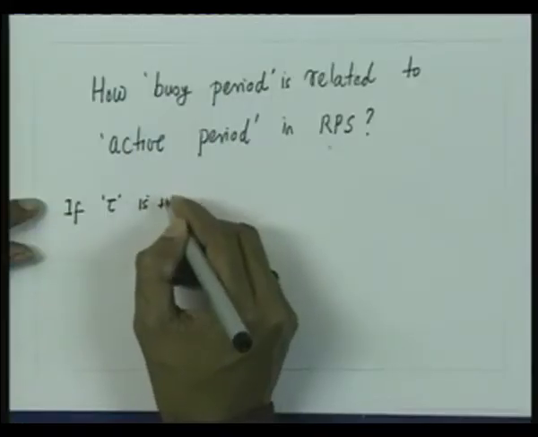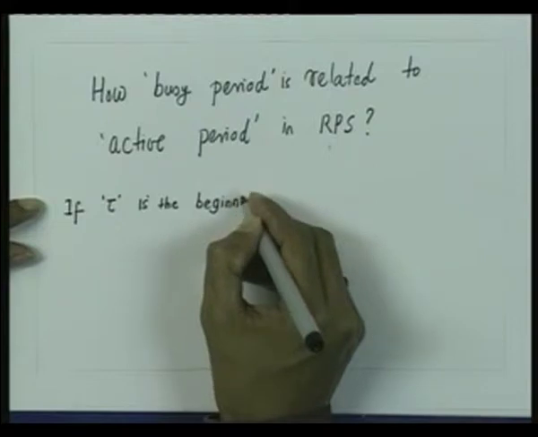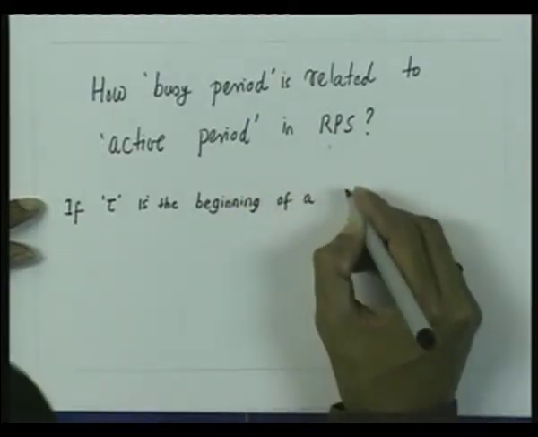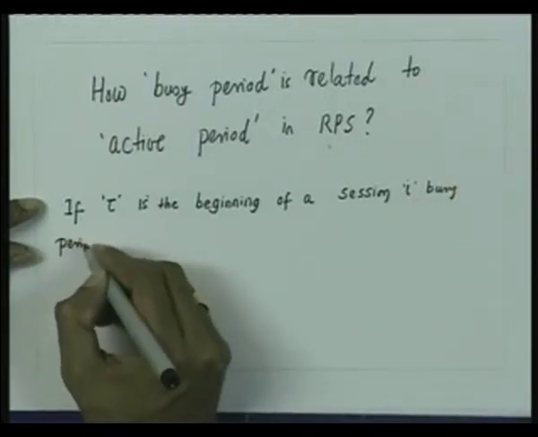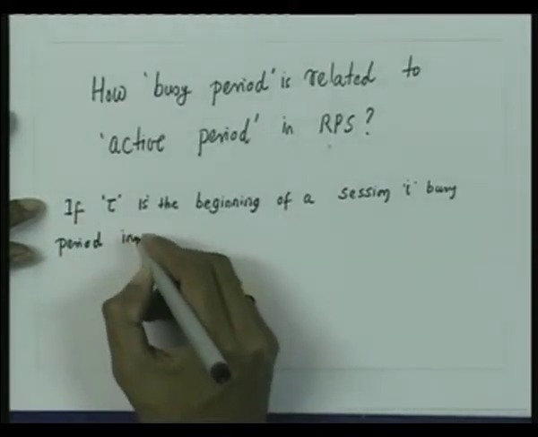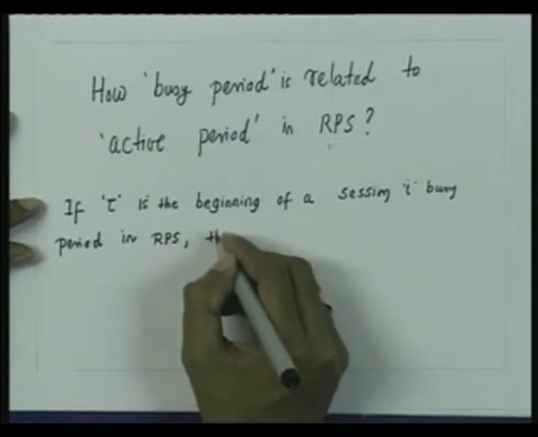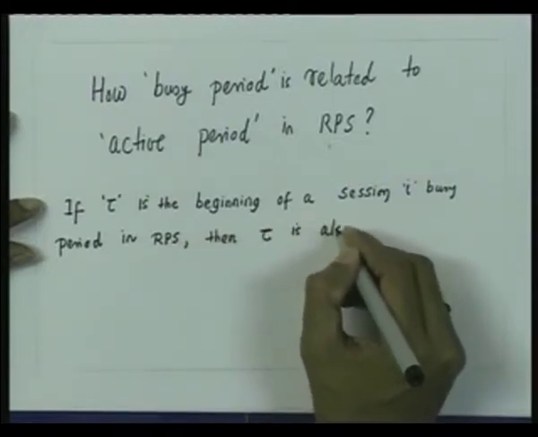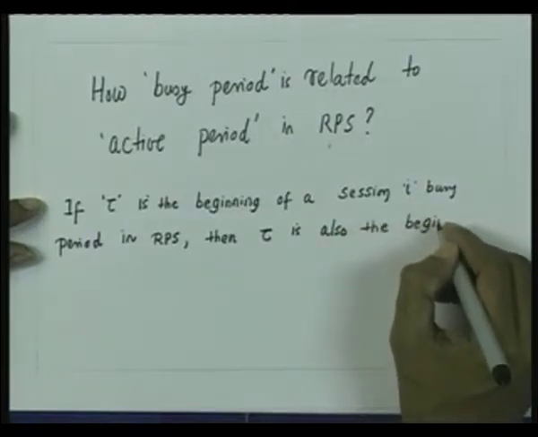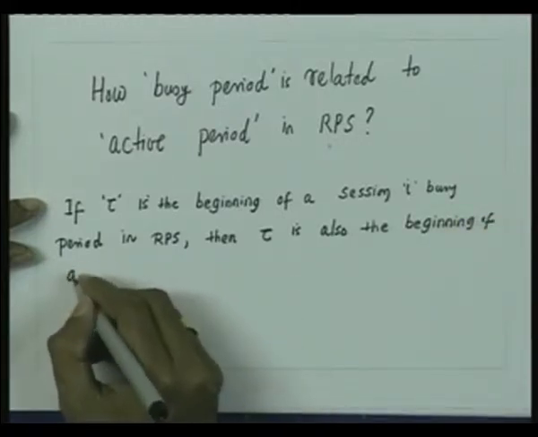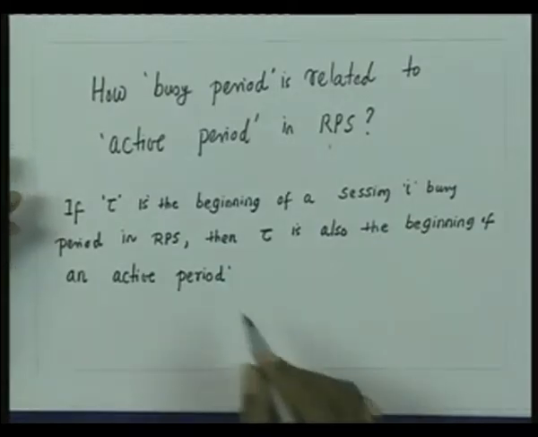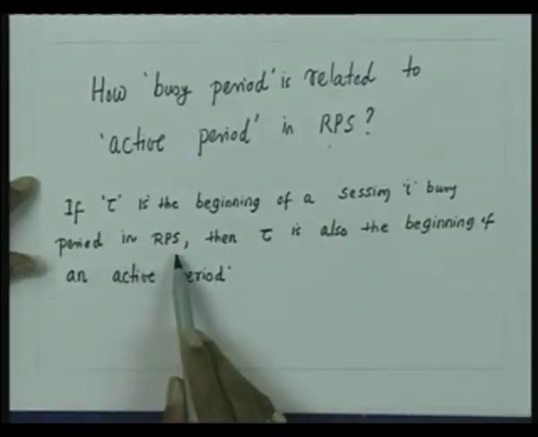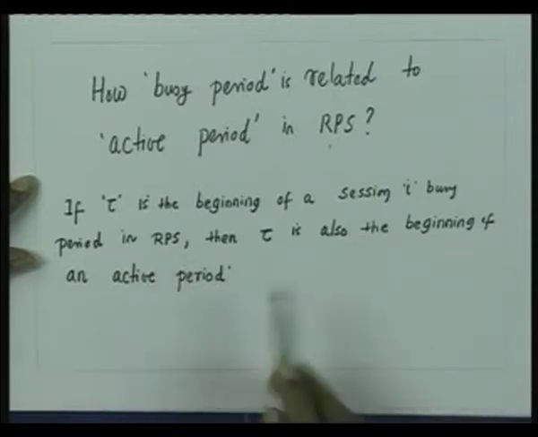So the answer is that if tau is the beginning of a session i busy period in rate proportional servers, then tau is also the beginning of an active period.